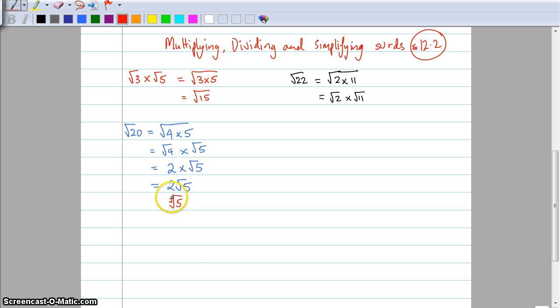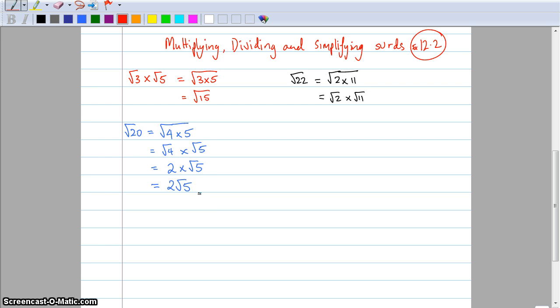That there would mean something else, as you can imagine there could be another situation where you've got the cubed root of 5 or the fifth root of 5 or whatever else. But here it's 2 multiplied by the square root of 5. I'll just rub that out because that's not as relevant right now. So the square root of 20 can be written as 2 multiplied by the square root of 5.